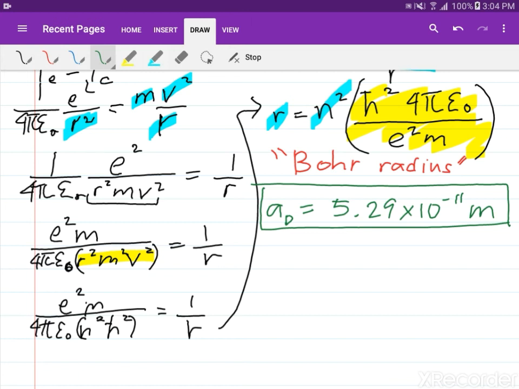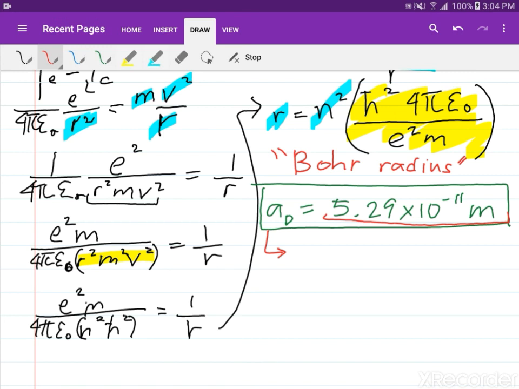We will see later on that this value, the Bohr radius, can also be solved using a quantum mechanical approach in the Schrödinger equation. Take note, these are two very different pictures of the electron, but somehow they arrived at the same constant.